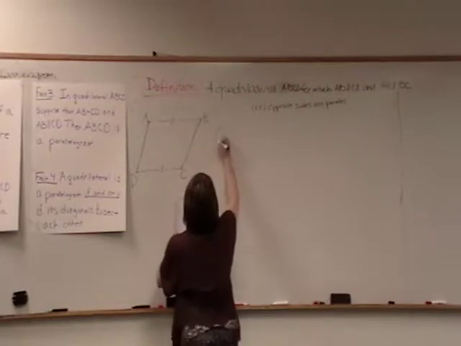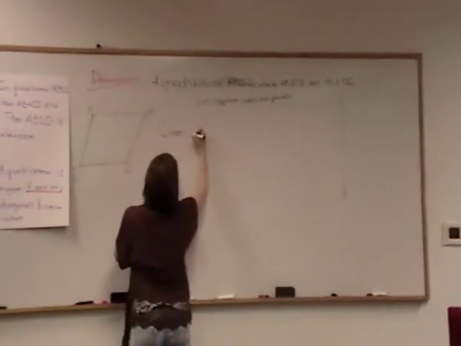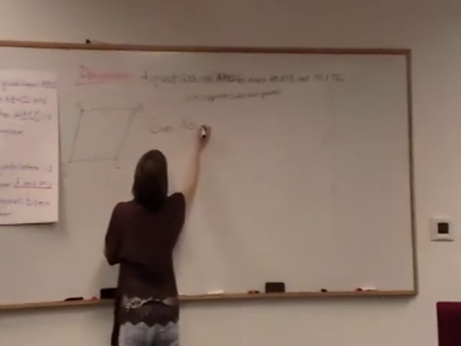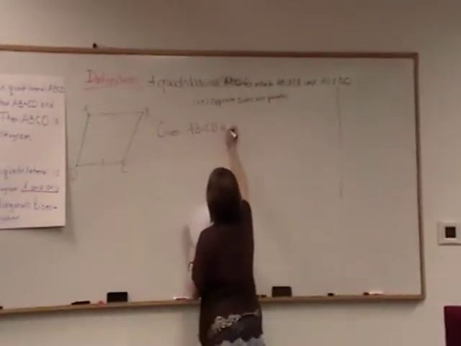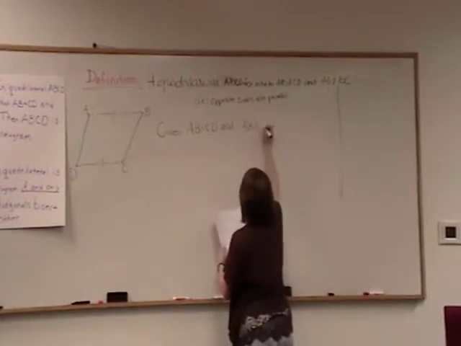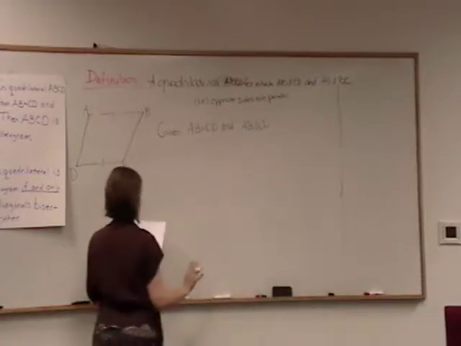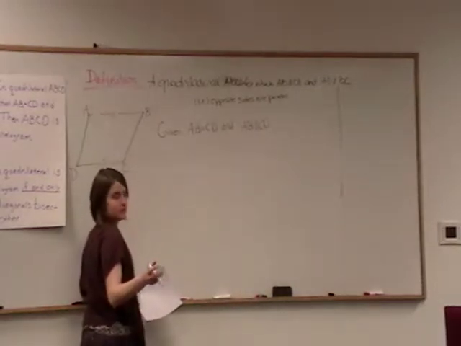Okay, so let's go over what we were given. We're given that AB equals CD, and AB is also parallel to CD. So, we can do this proof 2 different ways.